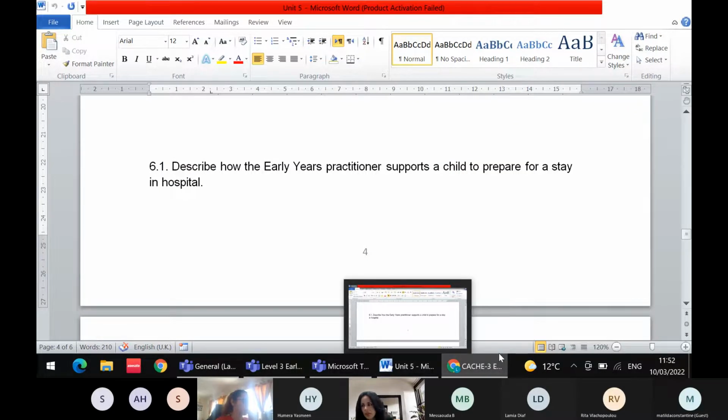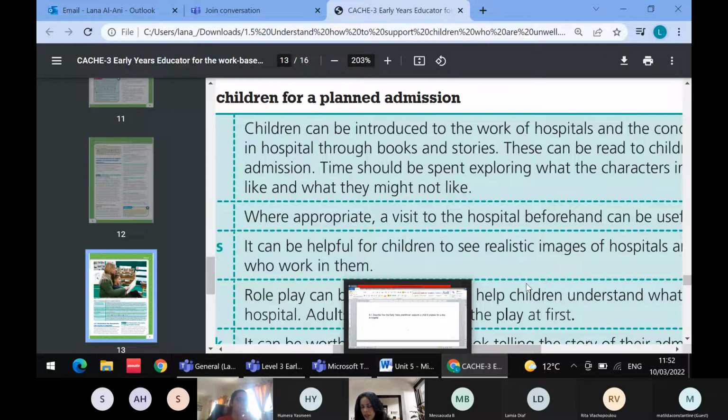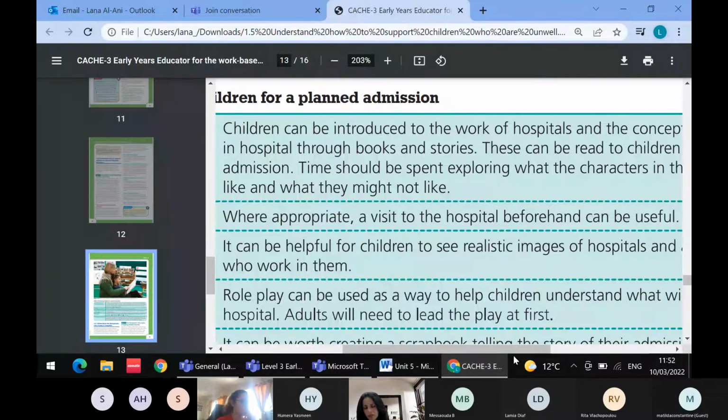You tell them that this person went away and then he felt better. That's why he was really happy going to the hospital. So exploring the emotional aspects of this person in the story going to the hospital will help them a lot.